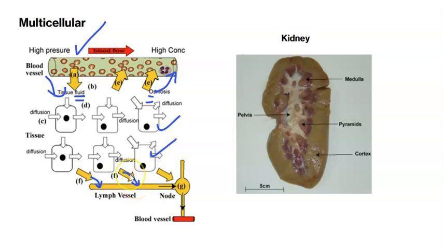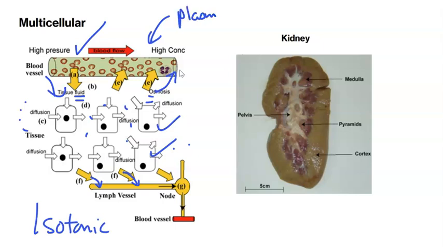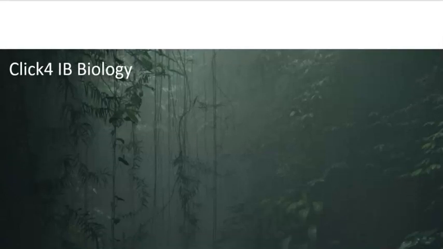Therefore, for the tissue fluid around our cells to be isotonic, it's necessary to control the composition of blood. The blood plasma needs to be isotonic to the tissue fluid. In our cells and in many animals, this is achieved through the function of the kidney, which will be the subject of detailed study later in the course.